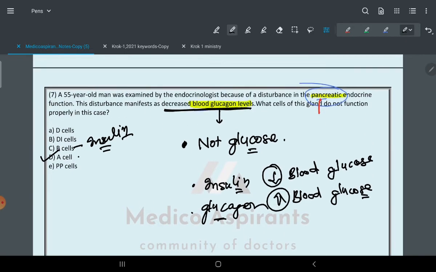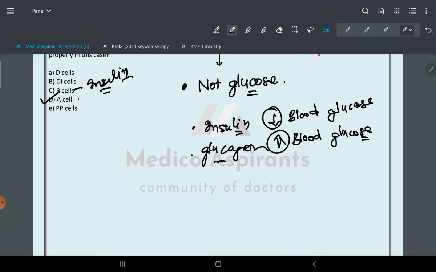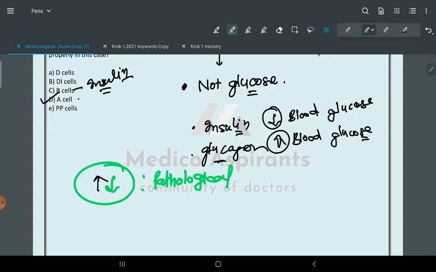So here what you have to remember is that an increase or decrease, both are pathological. If it is given as normal, then it is okay, otherwise it is always pathological.